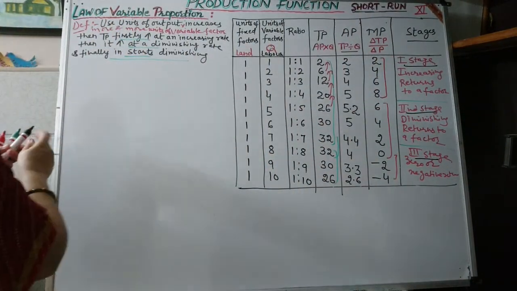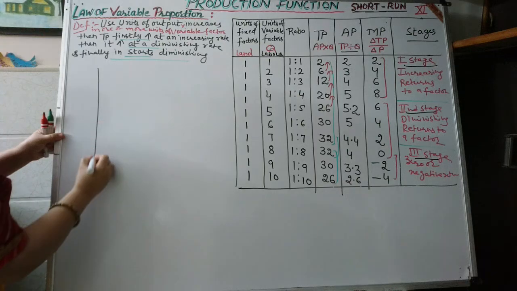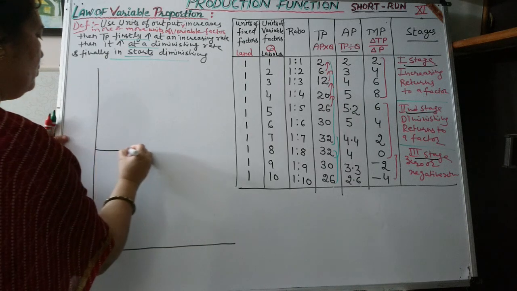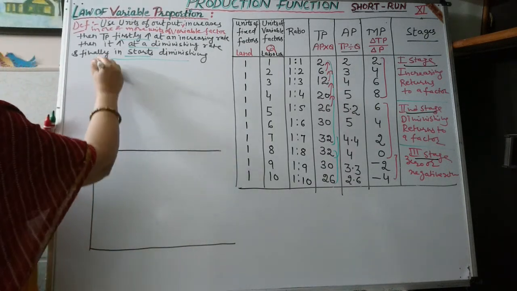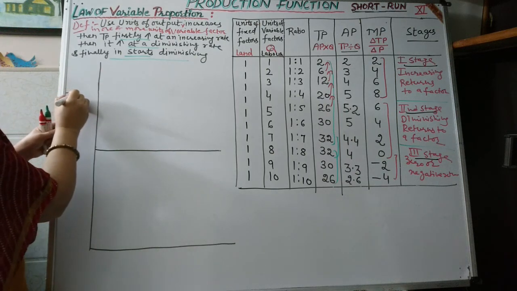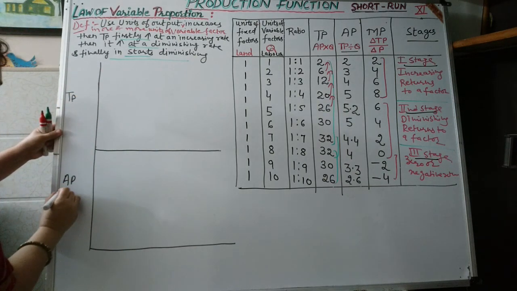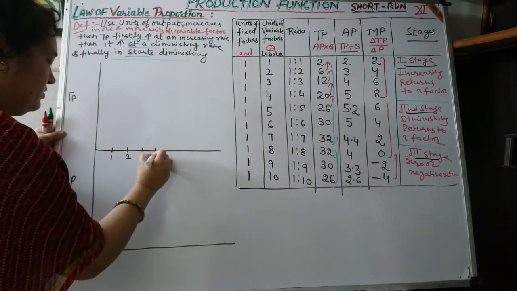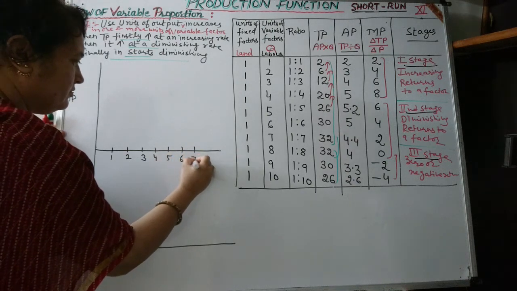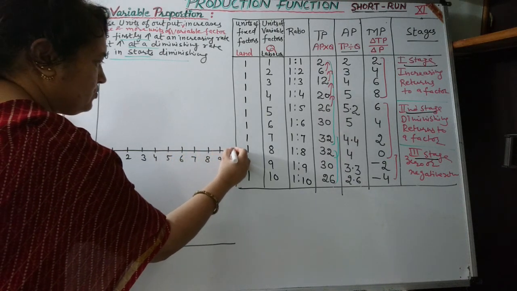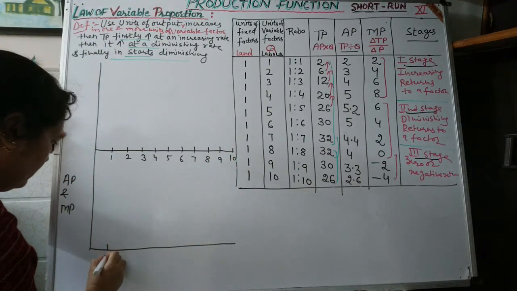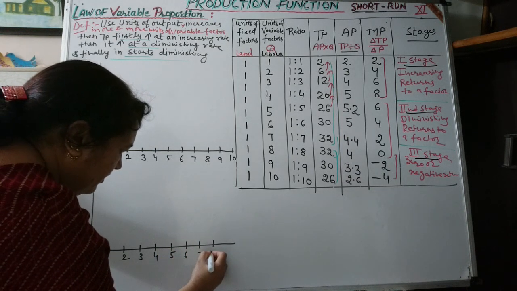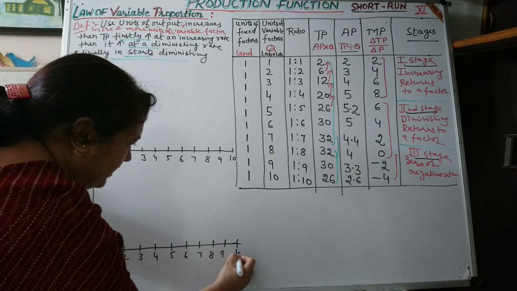And now let us convert this schedule into the diagram. I am preparing 2 panels of the diagram. In the upper panel we will show total production. In the lower panel, average production and marginal production. Units of output, or units of variable factor, can be taken on the x-axis: 1, 2, 3, 4, 5, 6, 7, 8, 9, and last one is 10.